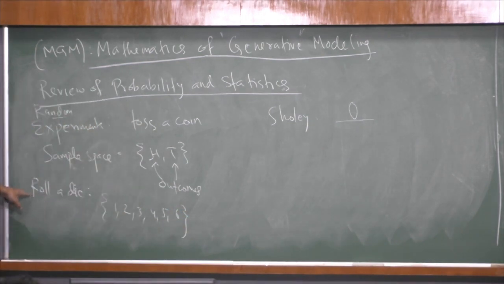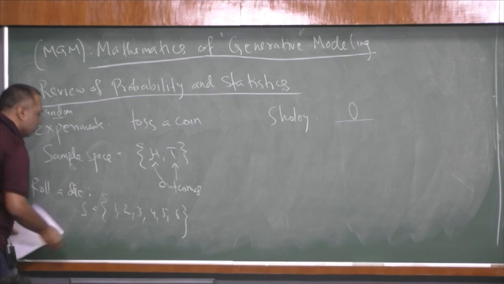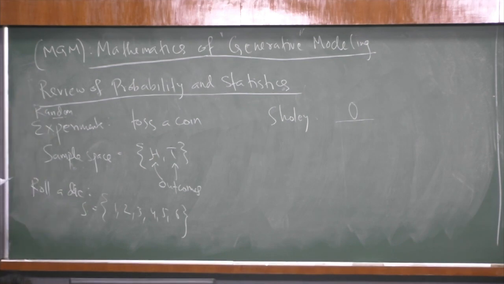This is also a random experiment because I don't know. If I play Ludo, I don't know when I get 6 or 1 or 2. So this is the sample space, basically the collection of all possible outcomes.